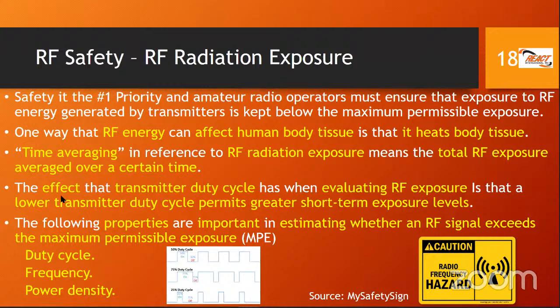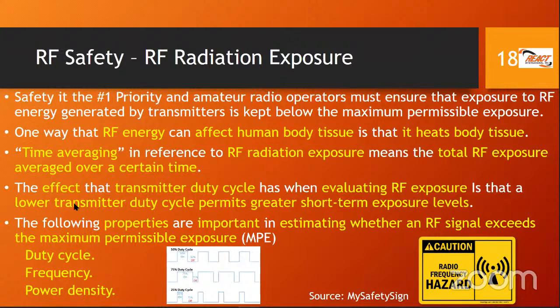We also need to know that when we are evaluating our RF exposure limits, the duty cycle, and we touched on duty cycle already, on the bottom here, we have a little diagram that may jog your memory, is the percentage of time that the transmitter is transmitting over its period. So the duty cycle can affect your RF exposure because a lower transmitter duty cycle permits greater short-term exposure levels.